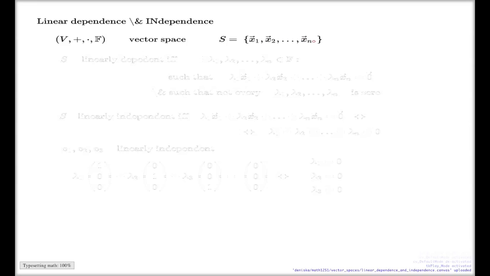If I have a finite set of vectors, n of them, from my vector space, this symbol is a subset, then this set S is called linearly dependent if and only if, look what happens.